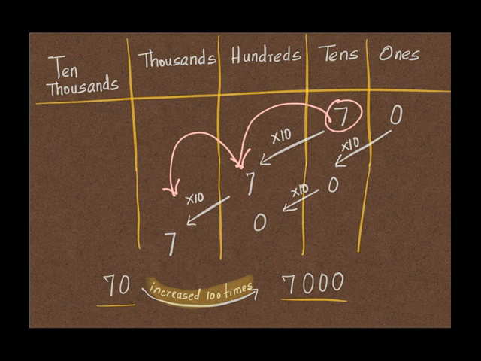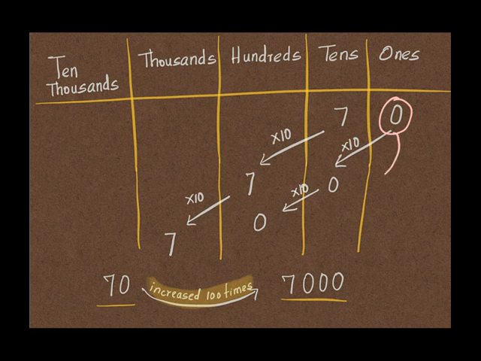So this is what happens when we multiply. The digit moves 2 columns to the left in the place value chart. And 0 in the ones place again moves 2 columns to the left, and it becomes hundreds. So 70 when multiplied becomes 7,000, which is 100 times bigger than 70.